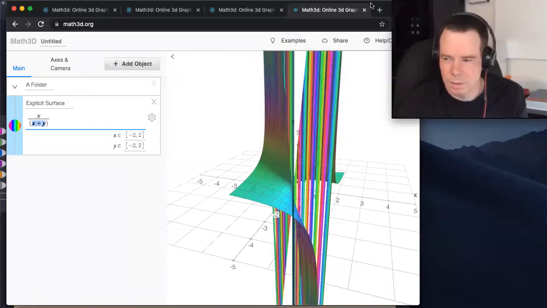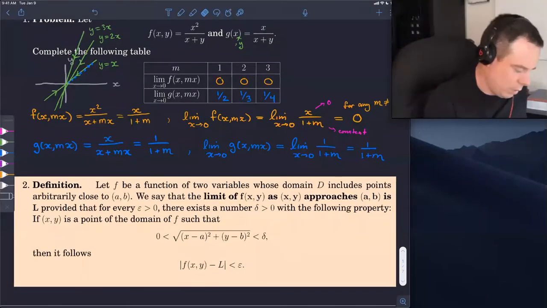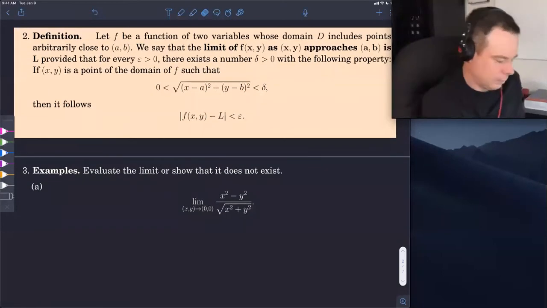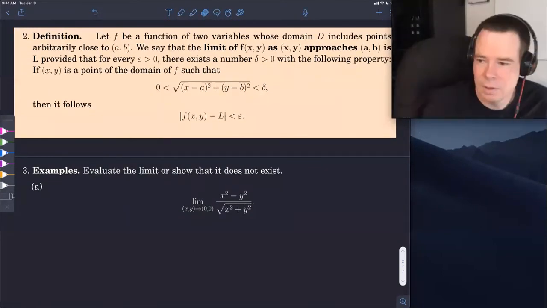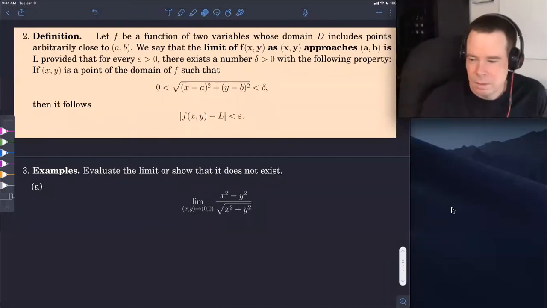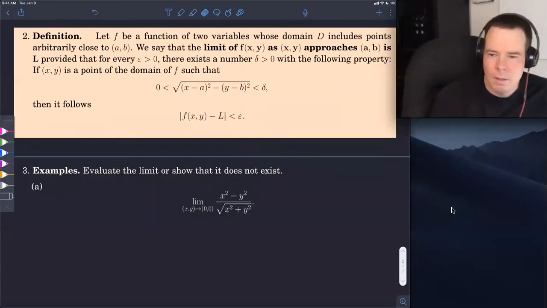I'll just cancel that and drag this out of the way. So let's get to a definition of what a limit is, and then we'll figure out ways to calculate it. So here's our formal definition of what a limit is. Let f be a function of 2 variables, and D is its domain, and let's consider points that are arbitrarily close to (a, b).